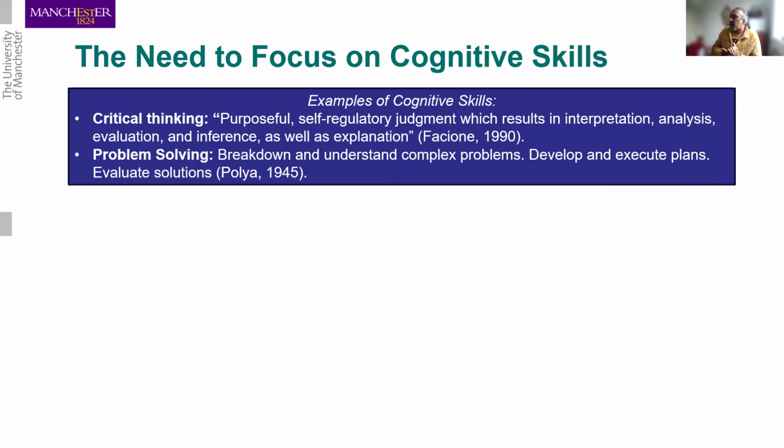I think probably problem solving doesn't need to be gone into so much, but what I'll mention about critical thinking, because we don't always think about critical thinking in mathematics, and what makes critical thinking perhaps different from problem solving in this context, is that it requires, as this description talked about, interpretation and evaluation.